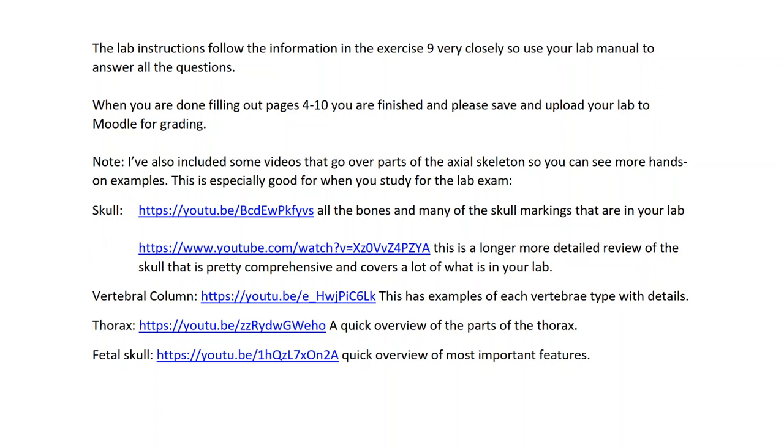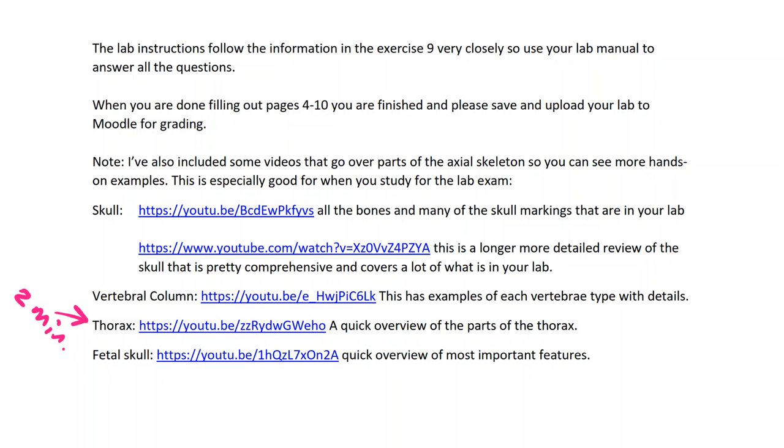And then the vertebral column, this is going to be all about telling the vertebrae apart from one another. So the parts of your lab where it's talking about vertebrae, that's very useful. And then the thorax is all about the rib cage and your sternum and how those are put together. And it's super short, like 2 minutes or something.